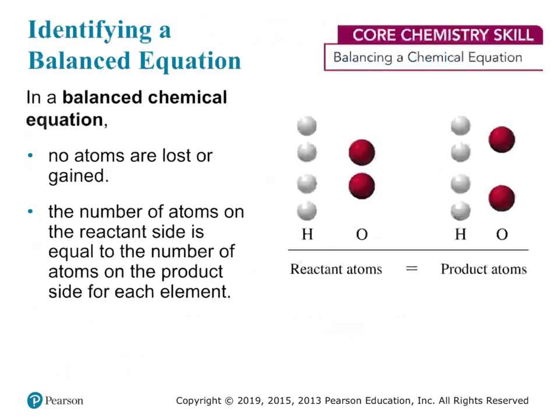Okay. So now, when we're writing out these chemical equations, we do need to make sure that we have the same number of atoms on the reactant side and on the product side. So this has to do with the law of conservation of mass.